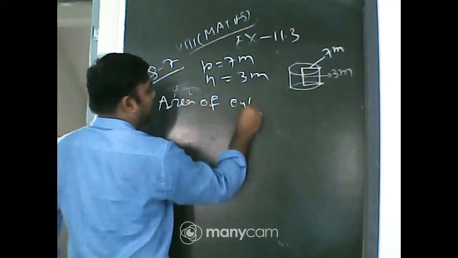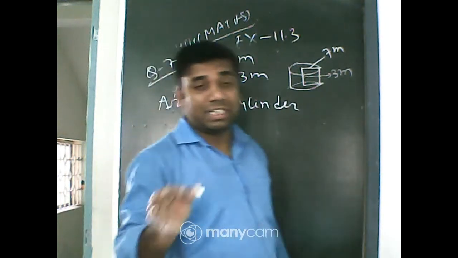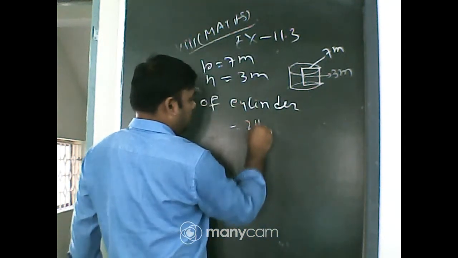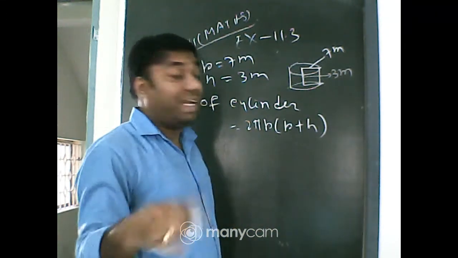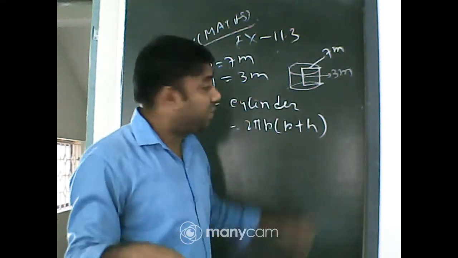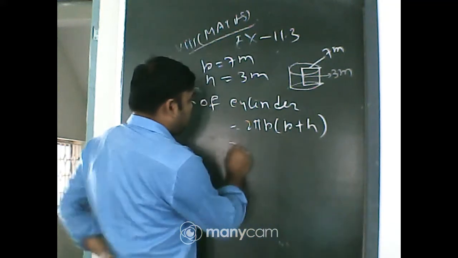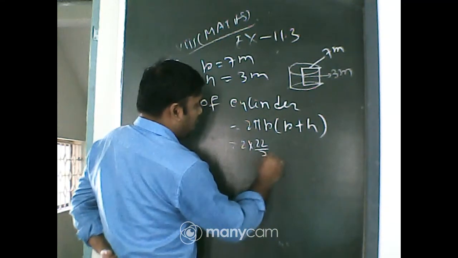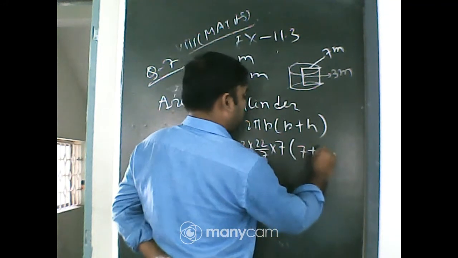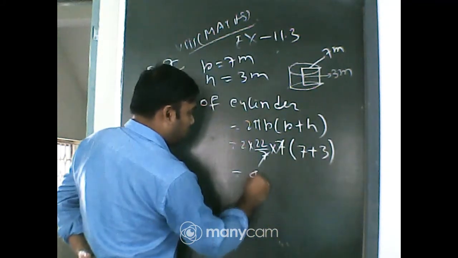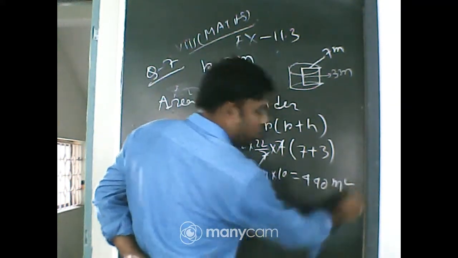The formula for the area of the cylinder is 2 pi r into r plus h. Just put the value: 2 into 22 by 7, into 7 plus 3. So 7 cancels, 44 into 10, that is 440 meter square.